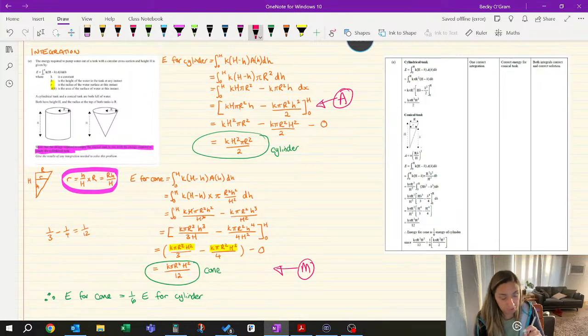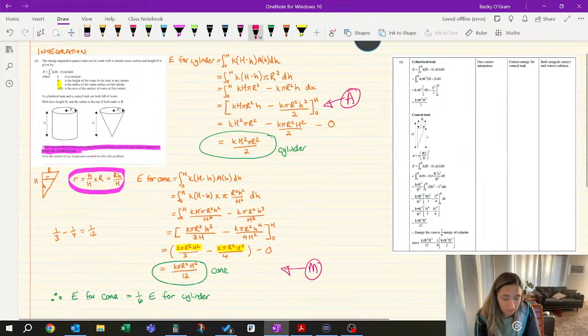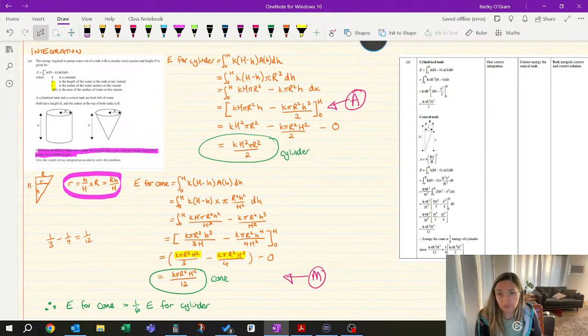Doing both of them correct and making that comparison is where the excellence was. And goodness me, that was a hard one. So if you managed to follow along, well done. That was a particularly tricky one. Not so much because the maths in it is hard or the integration was exceptionally difficult. It's because there was so much notation in there that could very easily be confused as things that you should integrate, but they weren't. They were just constants.